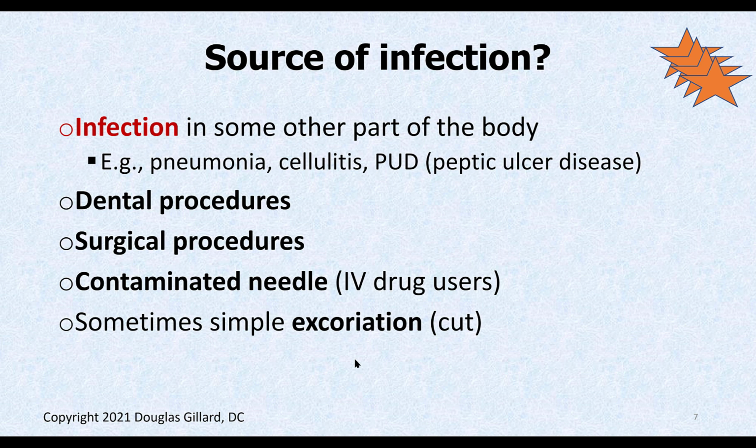It could start as pneumonia, staphylococcus-based pneumonia, a cellulitis from a cut on the skin, maybe a peptic ulcer disease where you get a hole in your stomach or duodenum, and then you get intestinal contents, including bacteria and such, drained out into the peritoneal cavity, and then they get into the bloodstream. It's kind of a precursor to septicemia, that one. Dental procedures. Anytime you puncture the skin and bug skin.